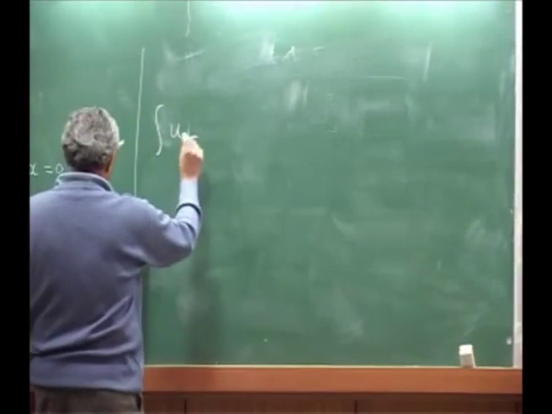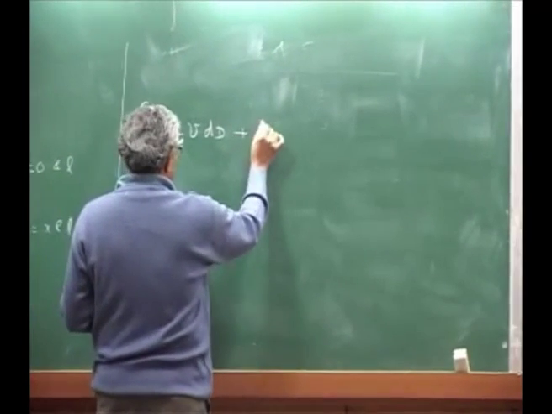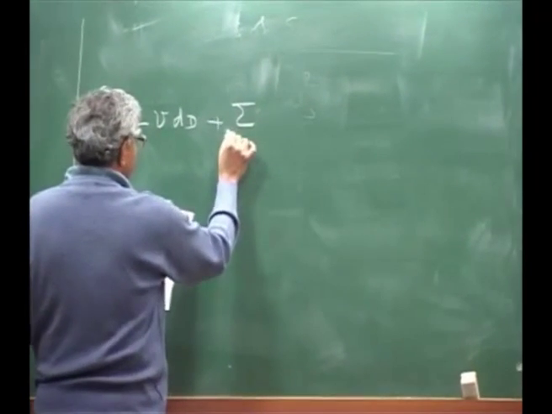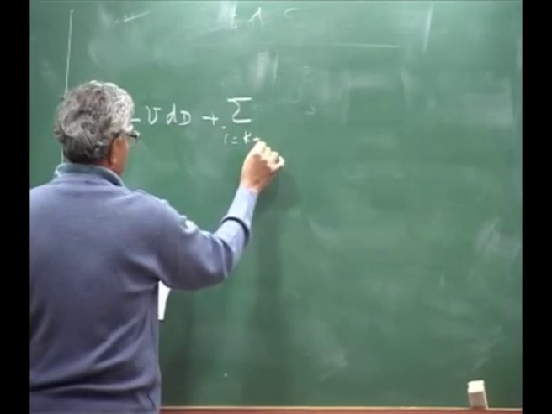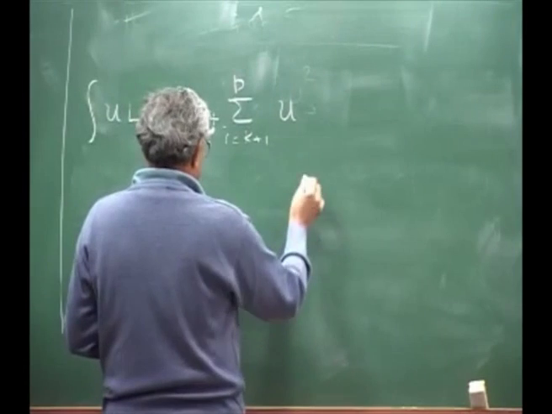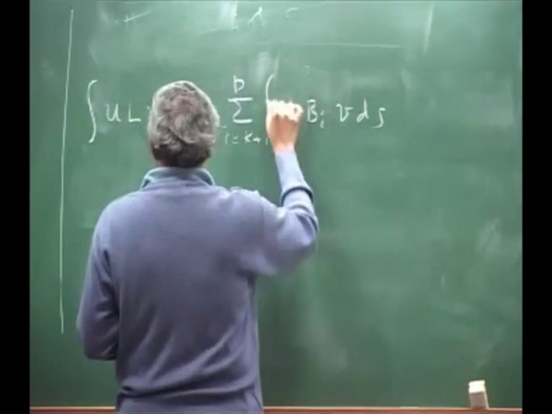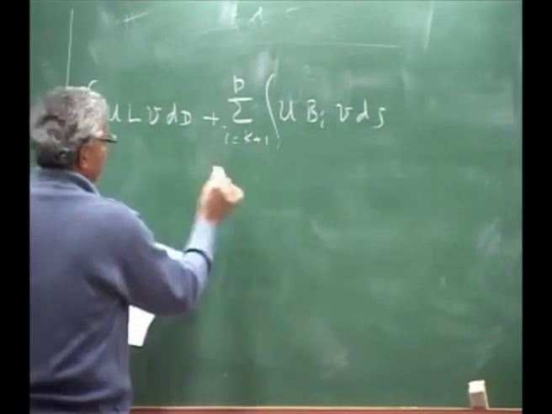Integral of U L V d domain plus summation i from k plus 1 to p of U B i V d S. This is over the domain, this is over the boundary.